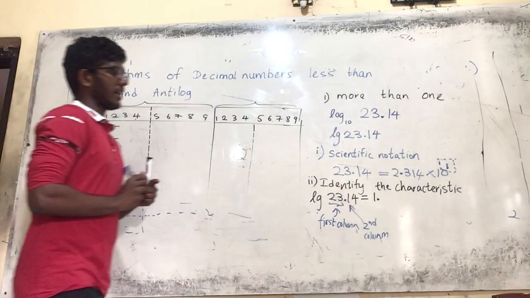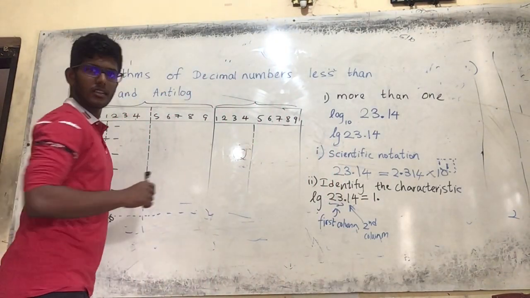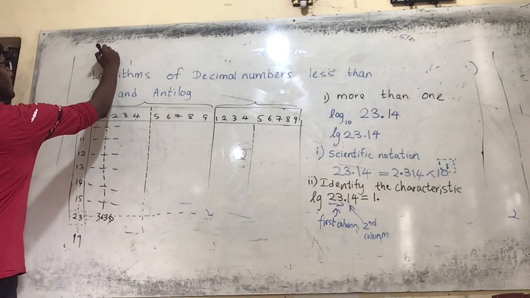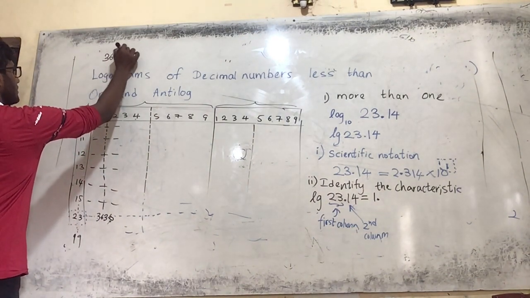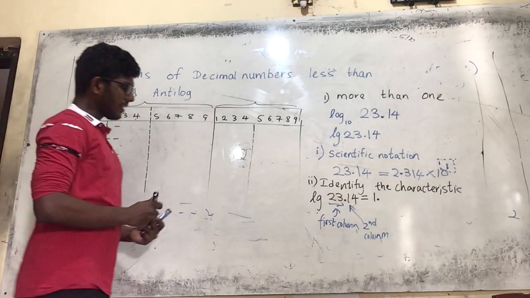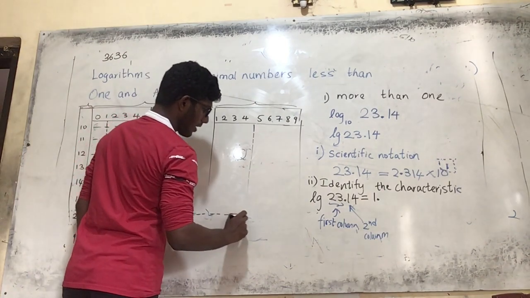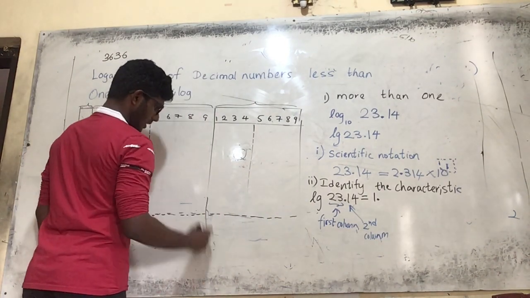You write it somewhere, right? So I'm writing 3636 here, okay? Because I don't have space. 3636. Then in the same row, now this is that row in the log book.